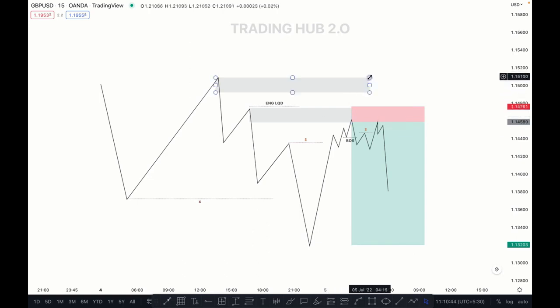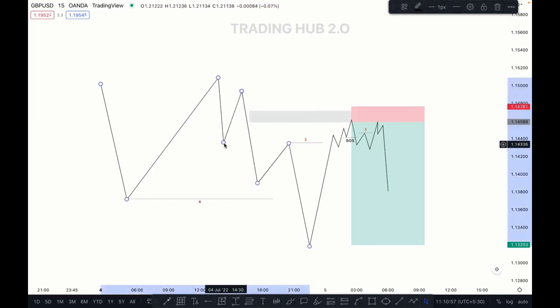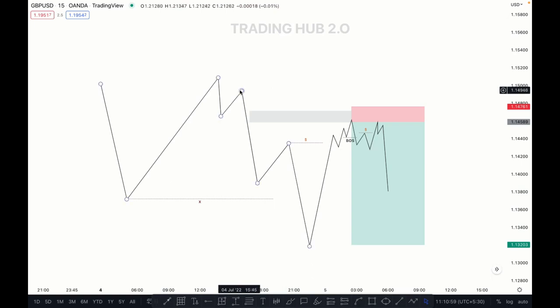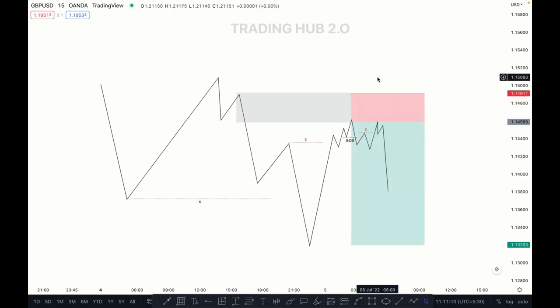If in case there is no engineering liquidity available, sometimes what happens is the market does not create engineering liquidity, and our inducement and engineering liquidity are both on the same point. Sometimes engineering liquidity is already mitigated, so there is no unmitigated supply zone on our side. So what happens here, we can now sell directly here.